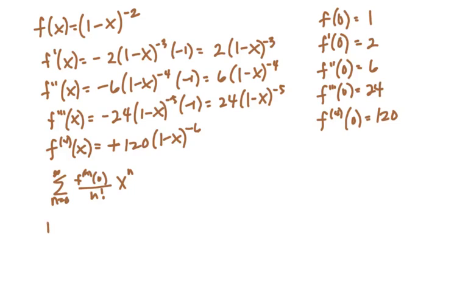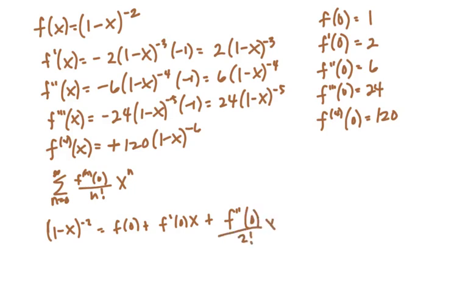So that means 1 minus x to the negative 2 equals, the first one is f of 0, and then we have the first derivative at 0 times x, because 1 factorial is 1, and the second derivative at 0 over 2 factorial times x squared, plus the third derivative of 0 over 3 factorial times x to the third, and so forth.